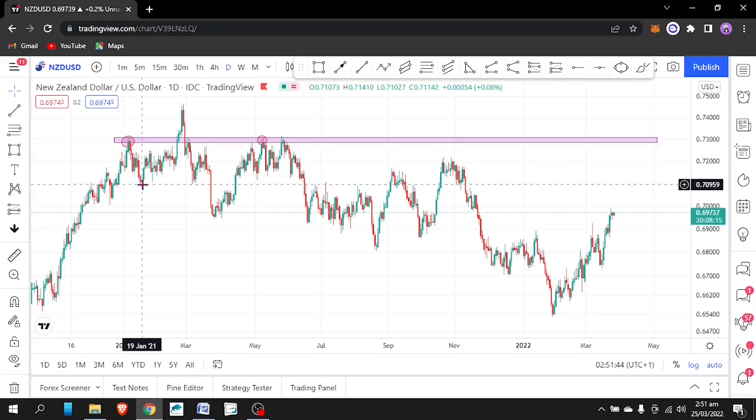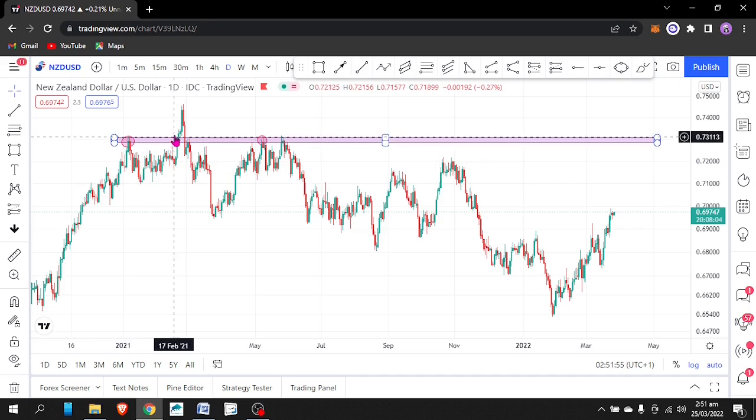And then after they pushed price below to this level, buyers overcame the sellers and they pushed price above this resistance here. I believe by now you understand the definition of support and resistance.